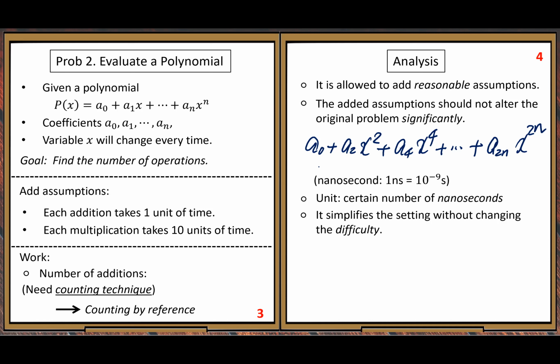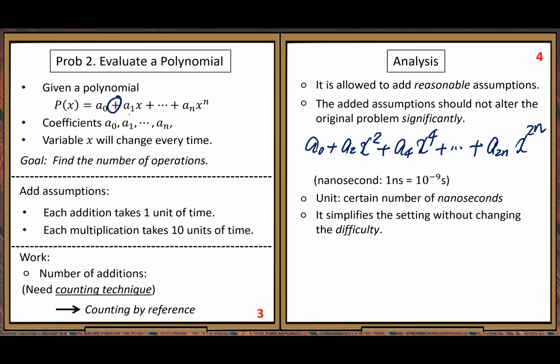So what is the reference? Here, let me point it out. Look at this first addition. Can we associate it with something that's easier? We associate the first plus sign to another object, but that object is more obvious than that plus sign. That's the reference.